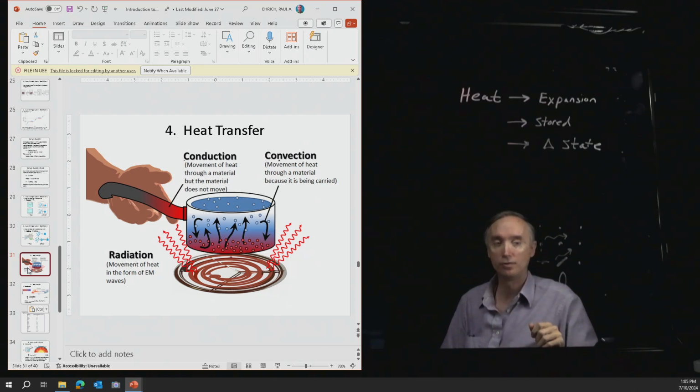So in general, solids are going to be good conductors of heat, and metals are the best conductors. And then liquids and gases are not so good conductors of heat. So there's going to be a different mechanism that is going to transfer heat in fluids, liquids and gases, and that's going to be convection, and we will discuss that in just a moment.